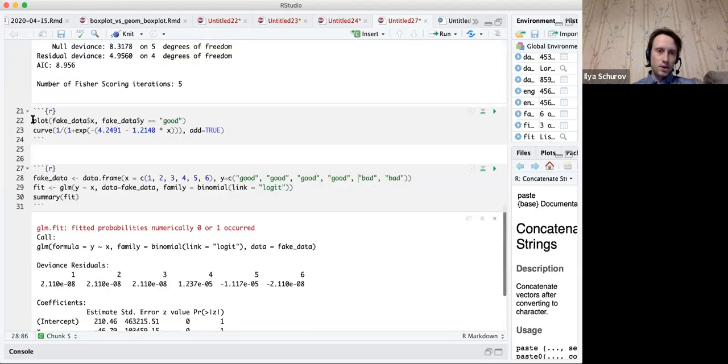And let us just try to make the corresponding plot.